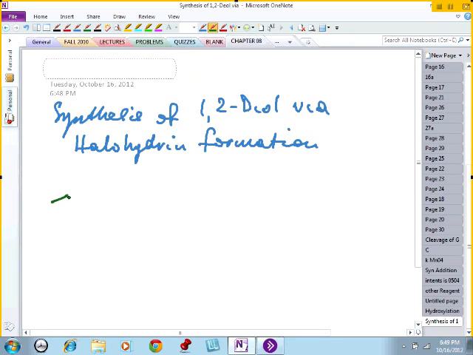If we have this here, and we take, let us say, bromine or chlorine. Bromine water. Remember what we said? We had bromine water or chlorine water. What is the product we expect to get here? Bromine and hydroxy added to the carbon-carbon double bond, exactly.